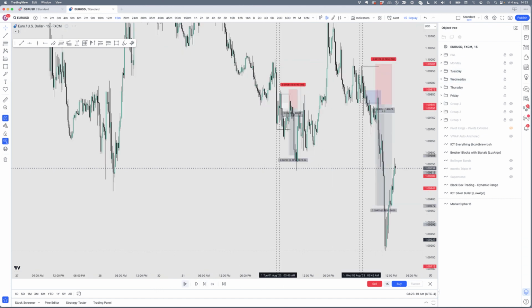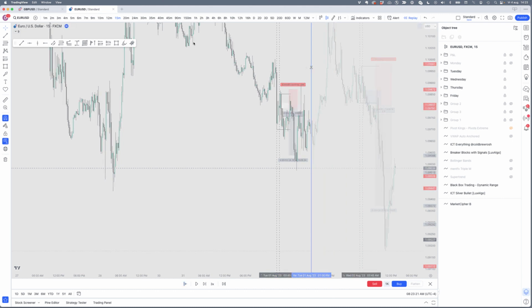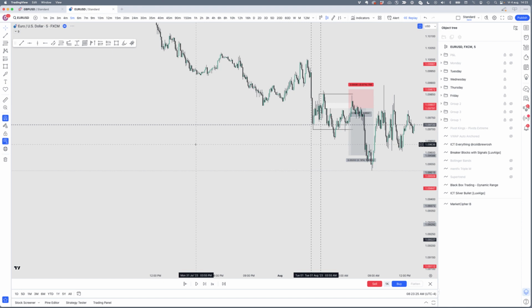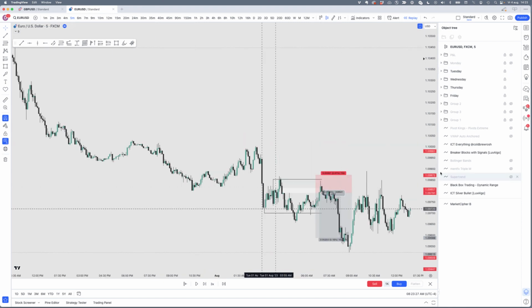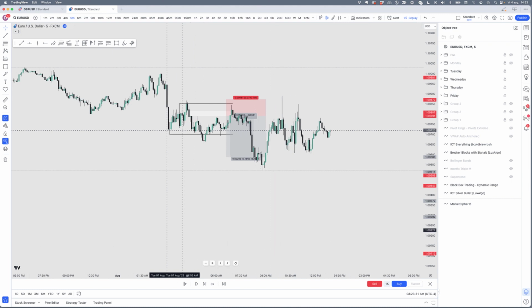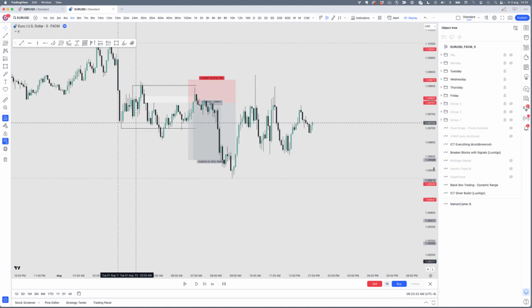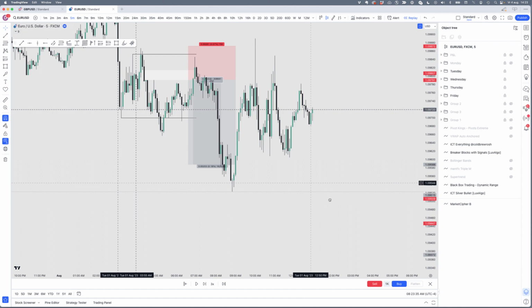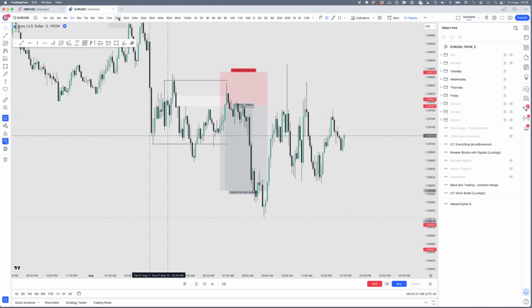Let me go to the Tuesday of the week. This also was a profitable trade, but let me look at the PD array I chose. So if we go to the 15, you can see here I entered on a 5-minute fair value gap, not on an order block.